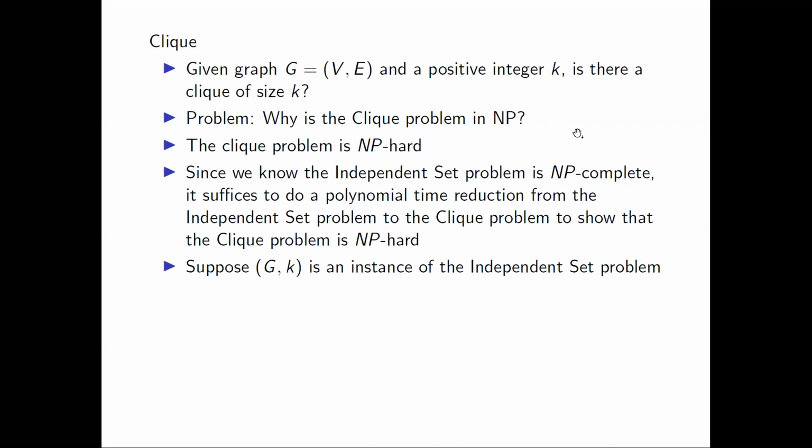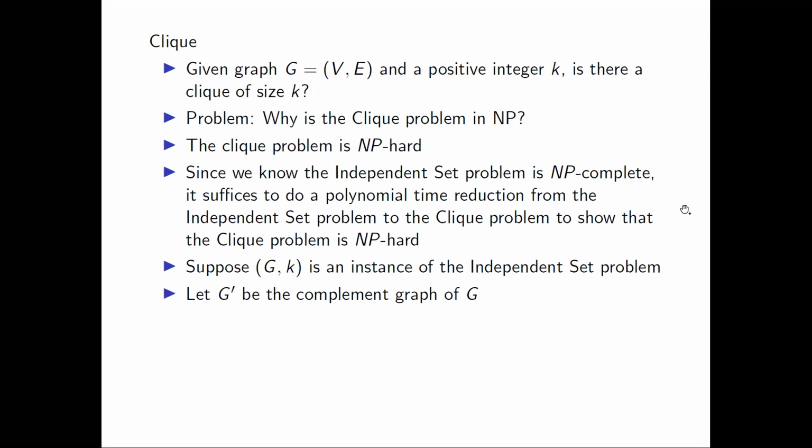So in order to do this reduction, we'll take some instance (G, K) of the independent set problem. And we need to show that if we have some oracle which can answer the yes or no questions for the clique problem, then we can use this to answer the independent set problem in polynomial time in the size of this instance (G, K).